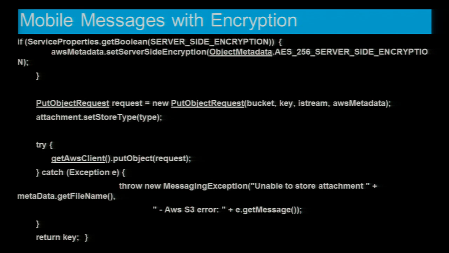So what we are doing, and this is a great feature that S3 offers, is just calling their server-side encryption method, and that's it. They will take care of everything for you. So using your AWS encryption keys, you can just call that method while you store the attachment, and it will be stored encrypted in your bucket.